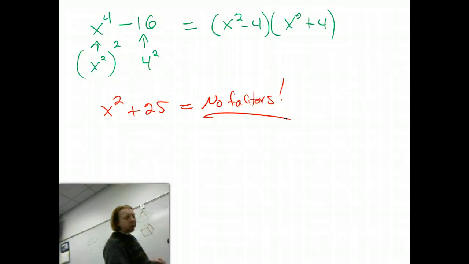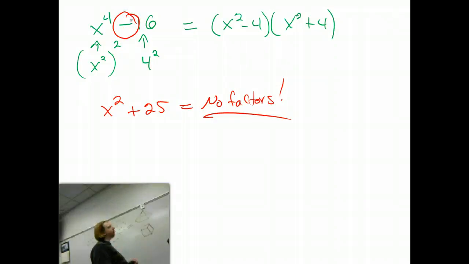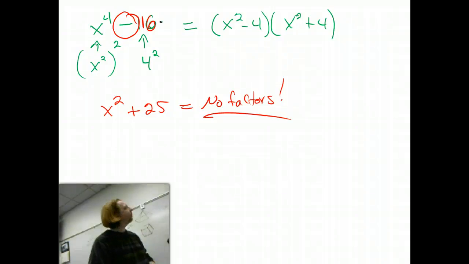The rule only works when we're doing the difference of perfect squares. I obliterated this 1 and the 16. Let me put that back. There we go. All right. The advantage, whenever you see two things subtracted, check to see if they're perfect squares to see if you can apply this rule. If they're added, don't even try. Addition doesn't work for this property.